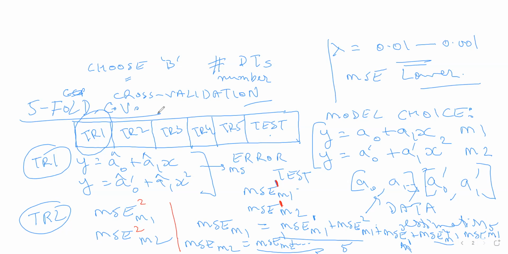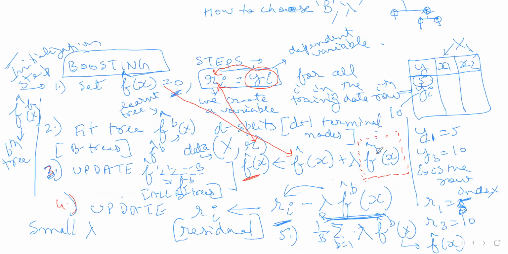Now let us answer the question we had earlier. How do we choose the value of B? Let us take B equal to 5 versus B equal to 10.